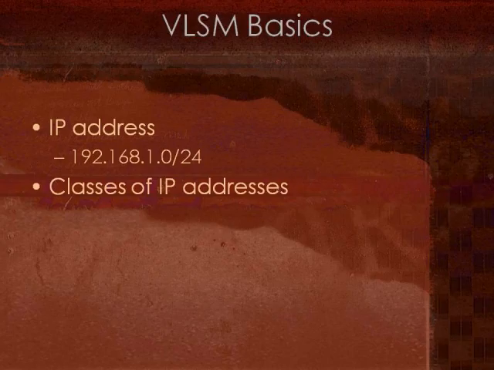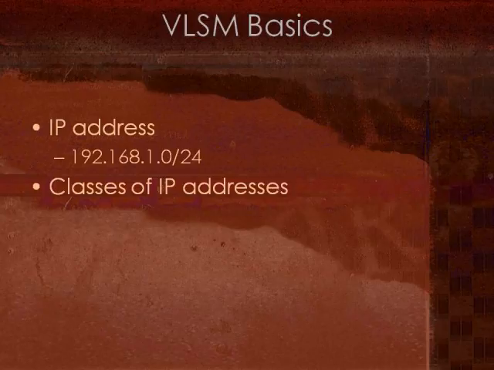Okay, before we start VLSM, let's first discuss an IP address. An IP address is a 32-bit number that consists of 4 octets of numbers. Each octet holds 8 bits of information. An IP address also consists of a subnet mask, which tells the router what network the IP address is in.